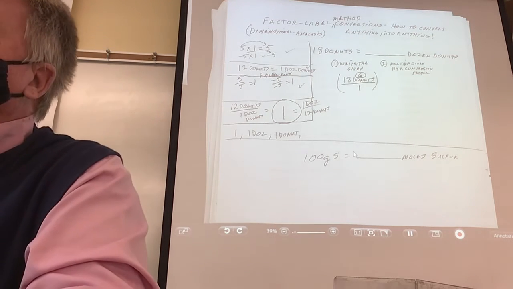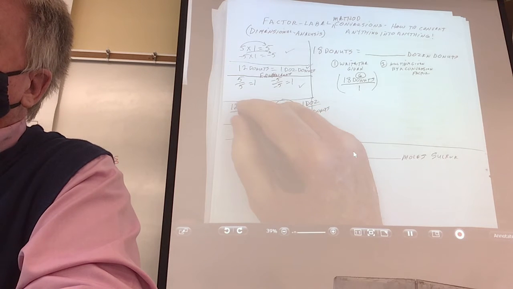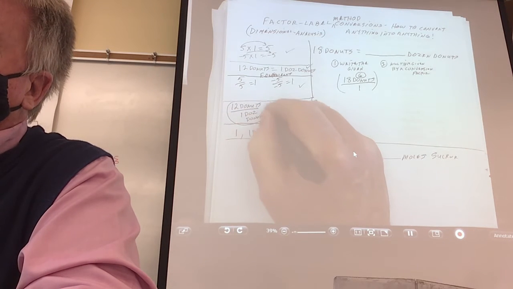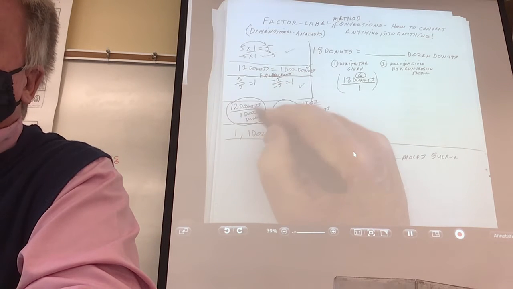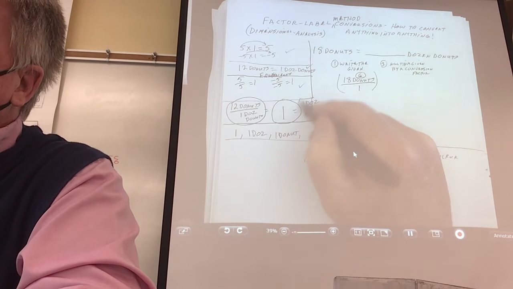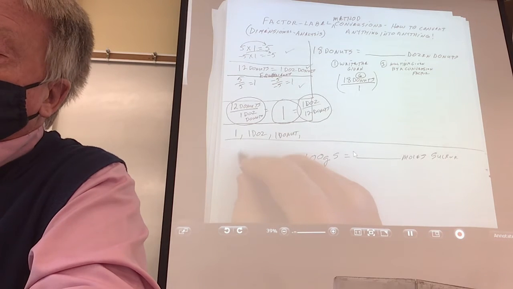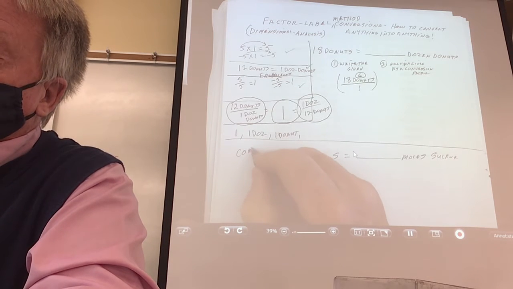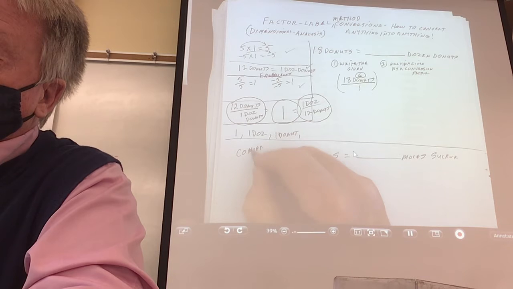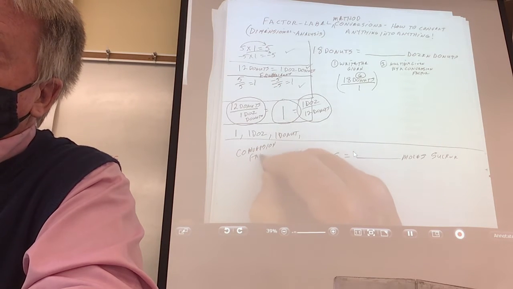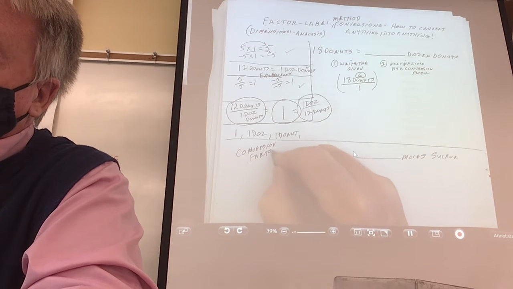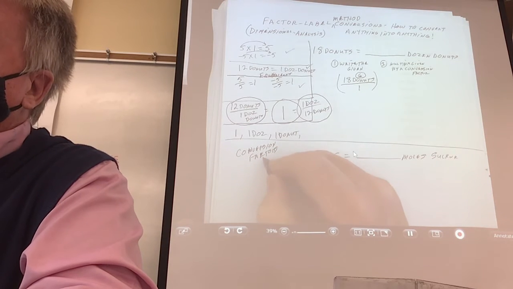Now, what you're going to do is take equivalents and make a ratio out of them. And out of this equivalent statement, I could make this one and I could make this one. Conversion factors are made from equivalence.